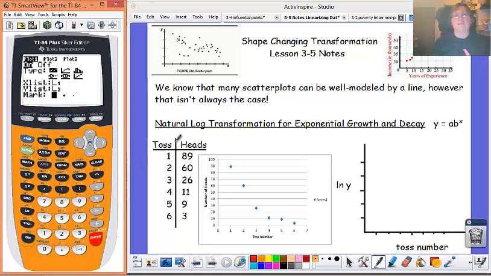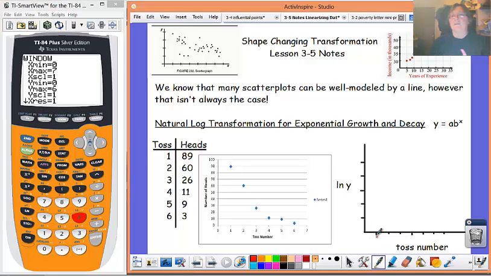Setting up a window. Okay, I'm ready to view my scatter plot, and I must admit I cheated a little bit. I asked the calculator for a zoom 9 window, but then I adjusted it so that we can sketch here. Our toss numbers go from 1 by 1, so toss 1, 2, 3, 4, 5, and 6 is as high as we go.